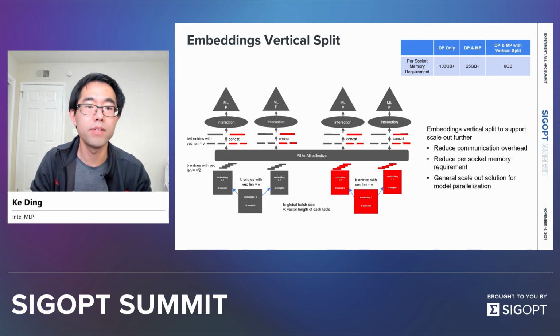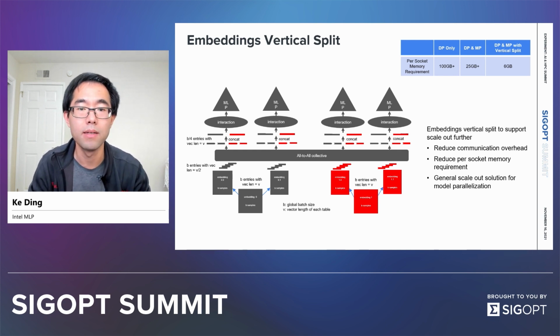In this embedding vertical split method, large embedding tables are vertically split into multiple embedding tables with the same entry number as the original. Each table has a subset of the columns in the original table. We then let each model instance hold one of the split tables and use all-to-all communication.